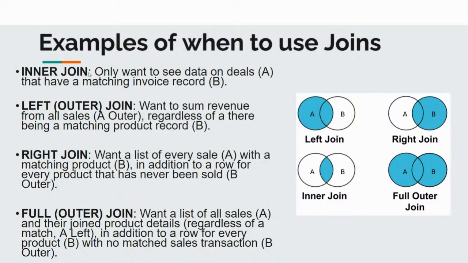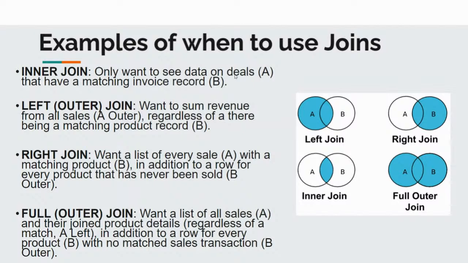So your inner join that we talked about is when you only want to see matching data. Say you're having deals that have matching invoice records.